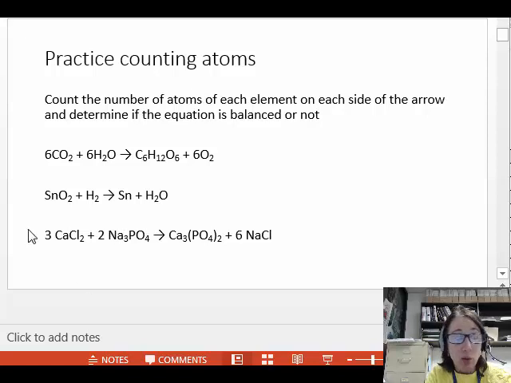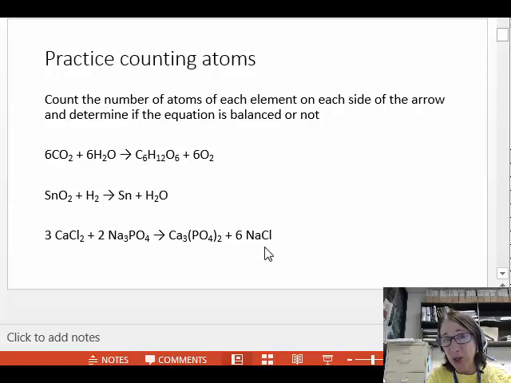The next equation is coefficient 3, capital C, lowercase a, capital C, lowercase l subscript 2, or 3 formula units of calcium chloride, plus coefficient 2, capital N, lowercase a subscript 3, capital P, capital O subscript 4, or 2 formula units of sodium phosphate, arrow, capital C, lowercase a subscript 3, parentheses, capital P, capital O subscript 4, end of parentheses, subscript 2, or 1 formula unit of calcium phosphate, plus coefficient 6, capital N, lowercase a, capital C, lowercase l, or 6 formula units of sodium chloride.